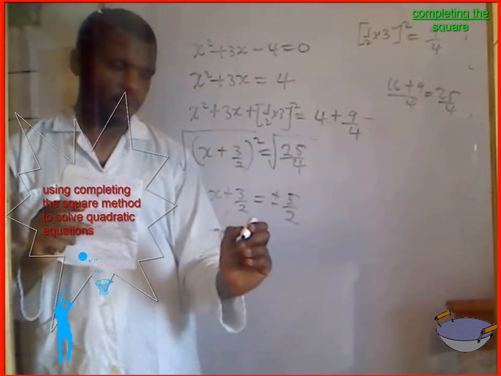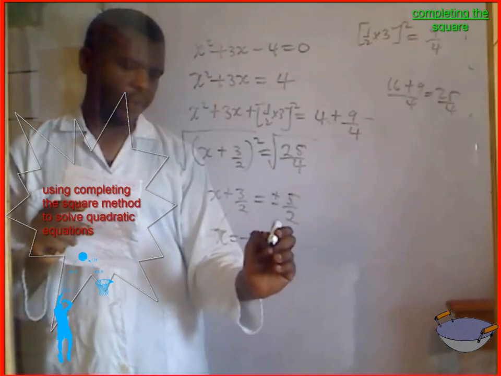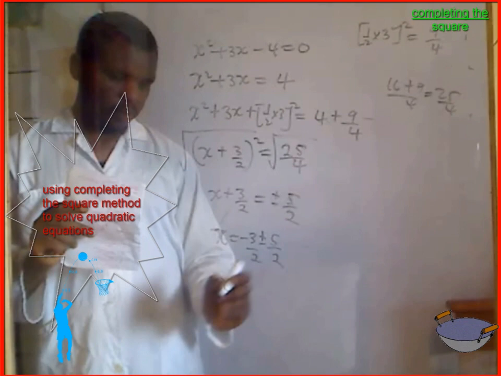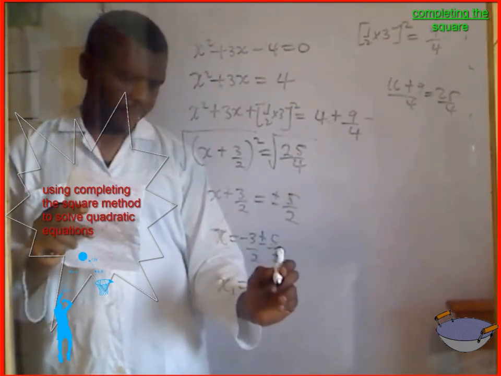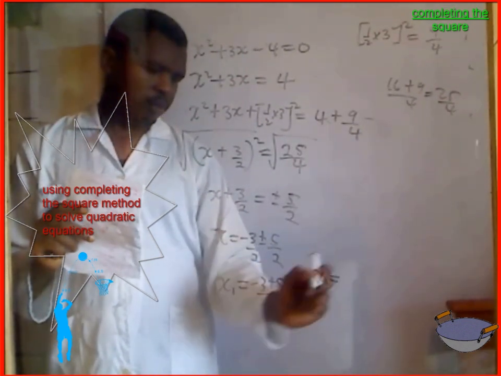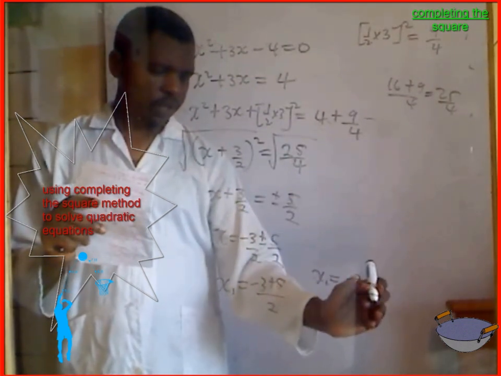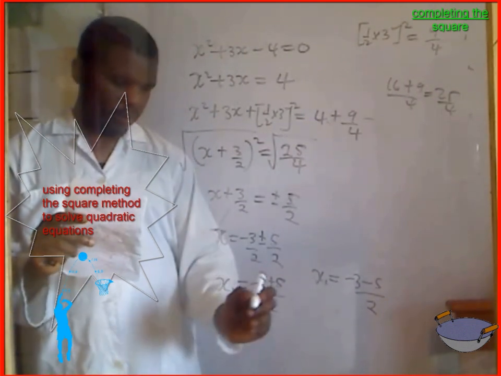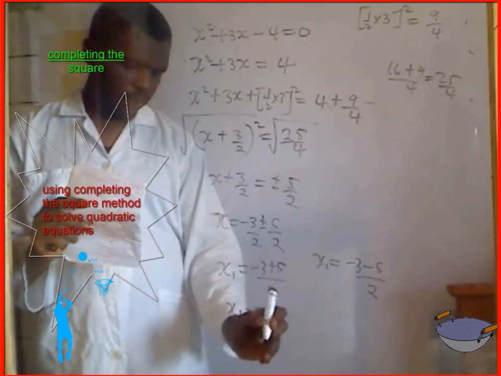x is equal to minus 3 all over 2 plus or minus 5 all over 2. So one of the x, x1, will be equal to minus 3 plus 5 all over 2, while the other one will be minus 3 minus 5 all over 2. Let's simplify this. One of the x will be 2 all over 2, so x is equal to 1.